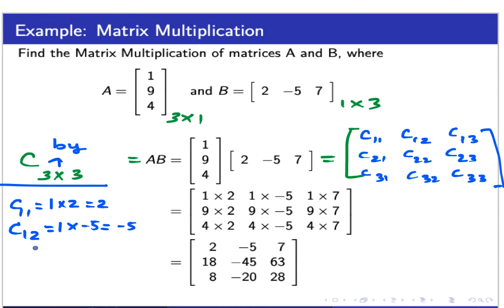Similarly, C13 is 1 by 7. Okay, let's pick up, say, C23. C2 means you go to the first matrix and look at the second row. Second row is 9. So this one is 9.